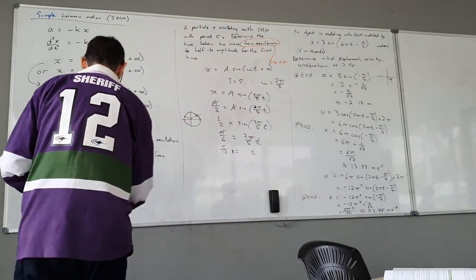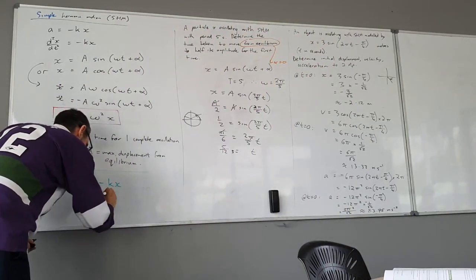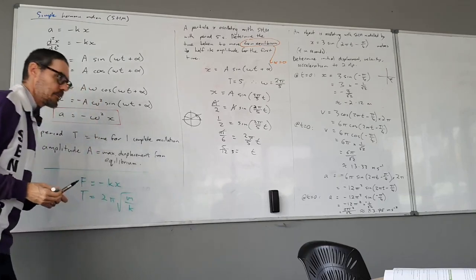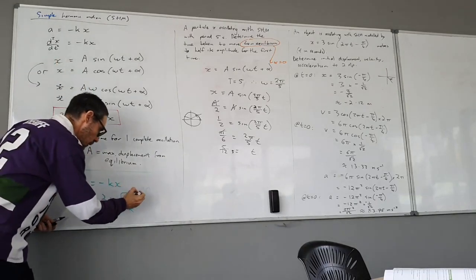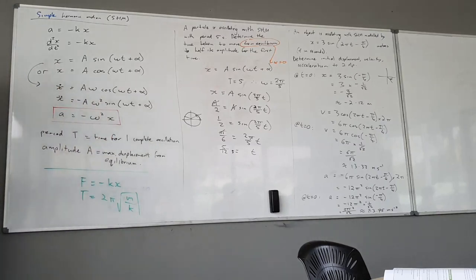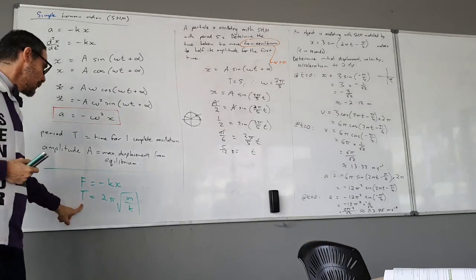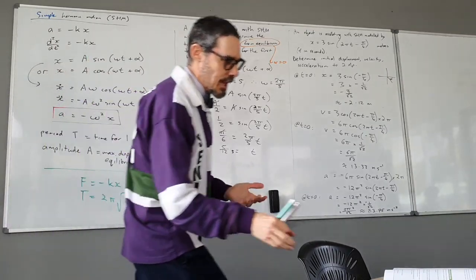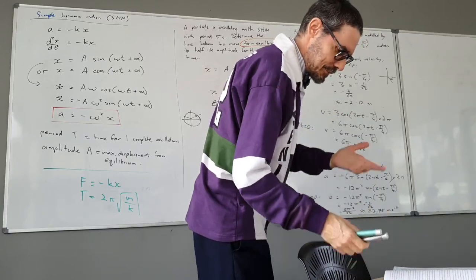You do not need to know this formula. Period is 2 pi times the square root of m on k. It's not in the syllabus for this or for physics anymore. The textbook still includes it. It allows you to work out the period if I give you the spring constant and the mass, or vice versa. You can ignore those questions. We're not going to ask you that.